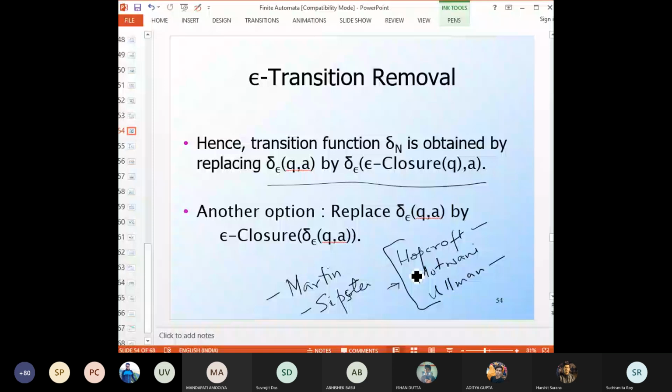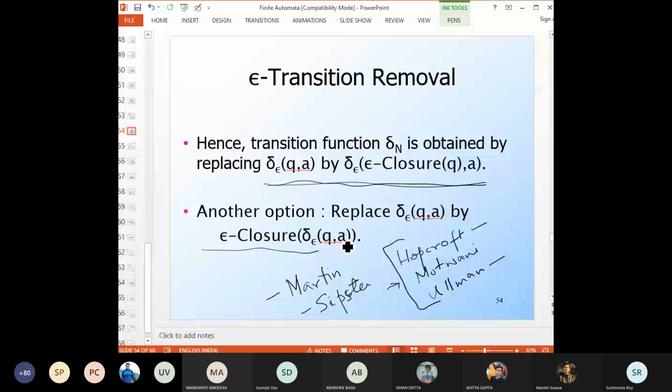Now, if you look at your textbook, you will find that this transition function here for epsilon NFA to NFA is not defined like this. Rather, it is defined as this, where you replace delta QA by epsilon closure delta QA. In fact, to tell you the truth, I have always followed the second option and it is only now that I am encountering the first option.